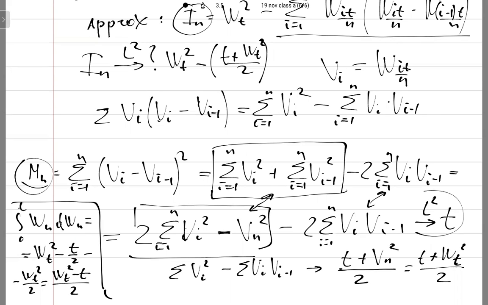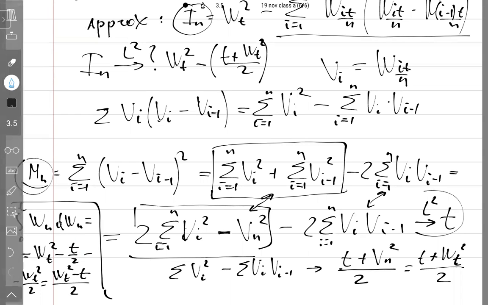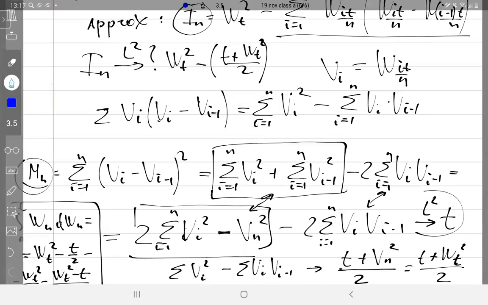We have calculated a complex stochastic integral, and it shows us that with stochastic integrals, we cannot just apply our intuition. Sorry, how did you get it? Which step? So let me write the steps.